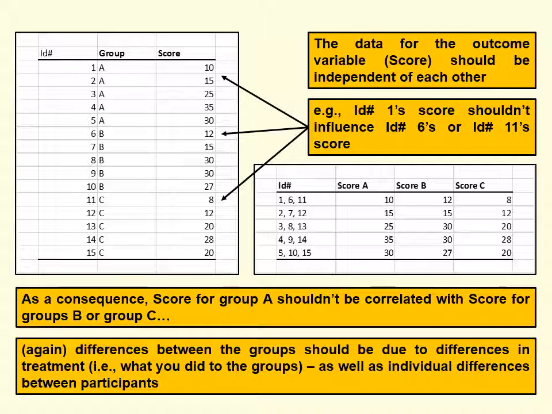So again, to be clear, if we're doing an independent design, we assume that the covariances between the values or scores for our outcome variable in our different groups are zero, or at least very close.